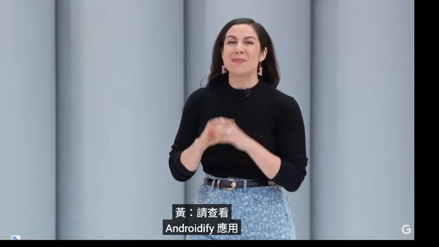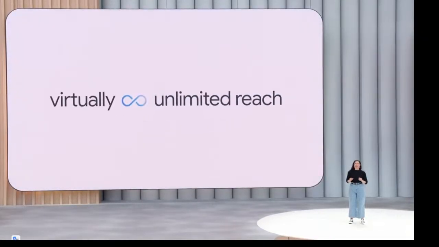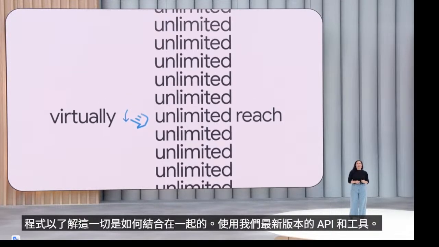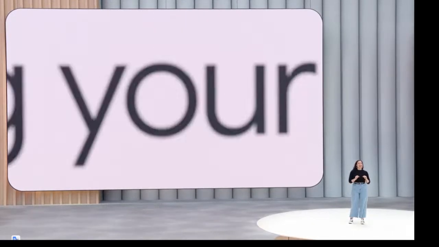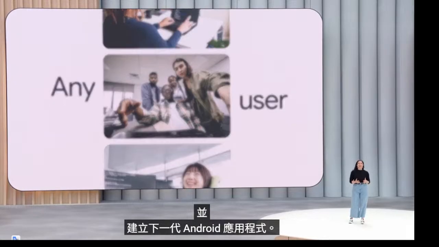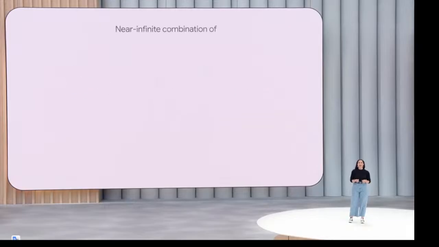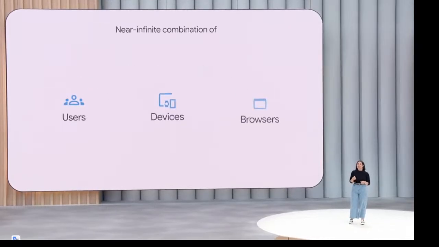One of the best things about the web is that its reach is virtually unlimited. With a single website, you can bring your ideas to almost any user on the planet. The challenge is creating applications that work well across the near infinite combination of users, devices, and browsers.